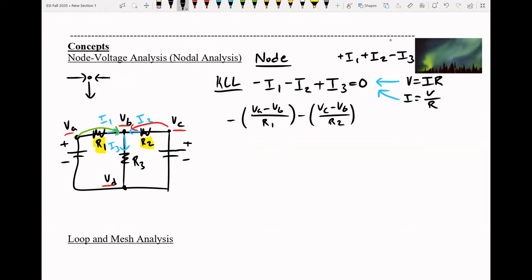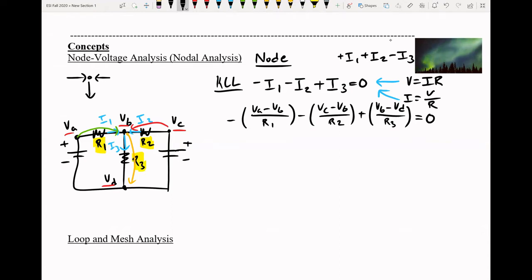And then we'll look at R3, or I3. So I3 is going to go from V of B all the way down here to V of D. So we will write plus V of B minus V of D over R3, because we're crossing through that R3 right there.